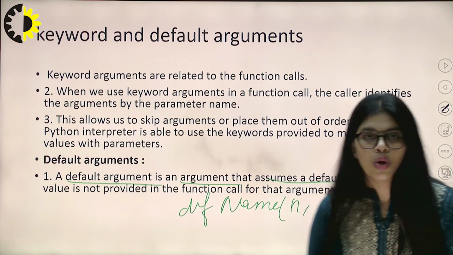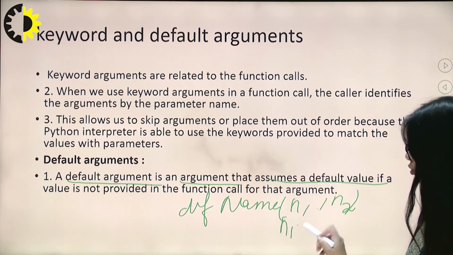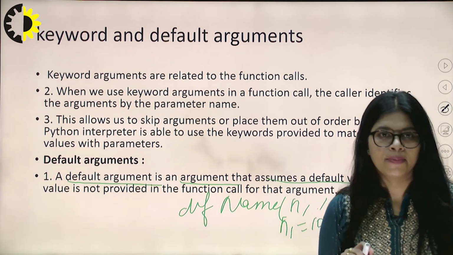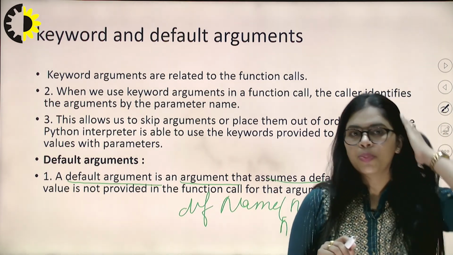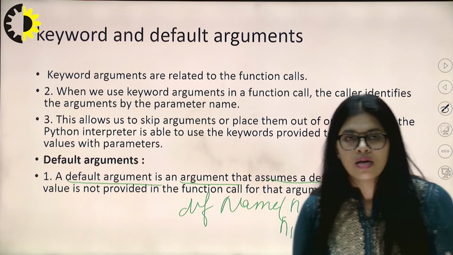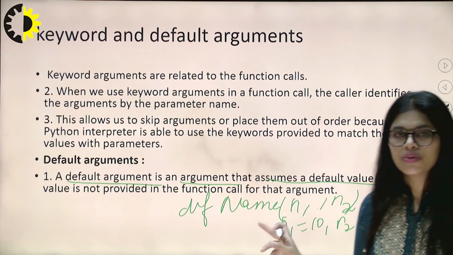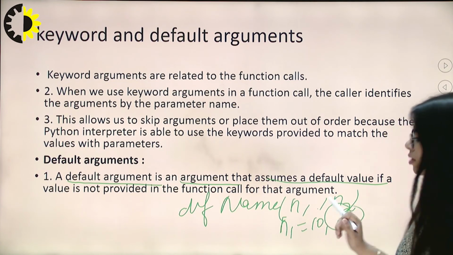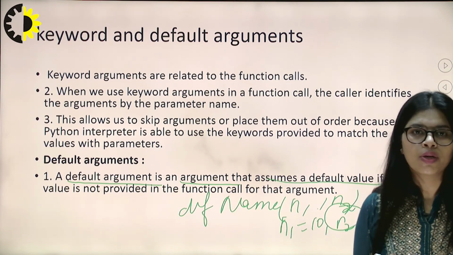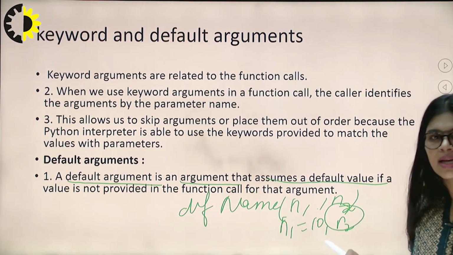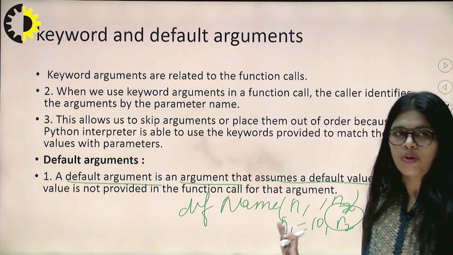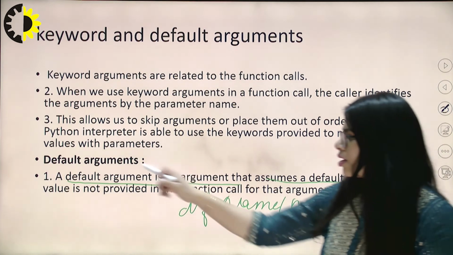The value of n1 should be 10 and n2 is not given in the print. So we have to print the value of n2 also. Here we are going to use a default value for n2 for printing the output. This kind of process is called default arguments.